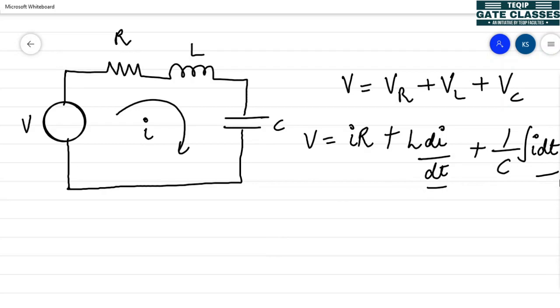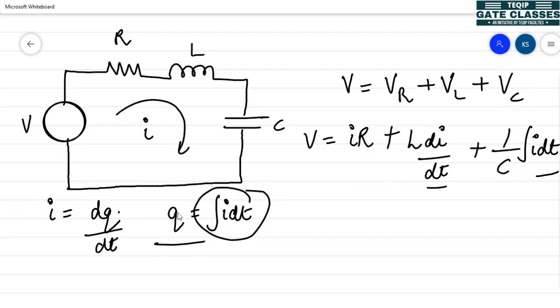But we want the whole equation in terms of differential form only. So you also know that I is equal to dq by dt. Q is here charge. So we can write Q equals integral I dt. By replacing integral I dt with Q, we will write the whole equation in terms of Q only. So I can be written here as dq by dt.